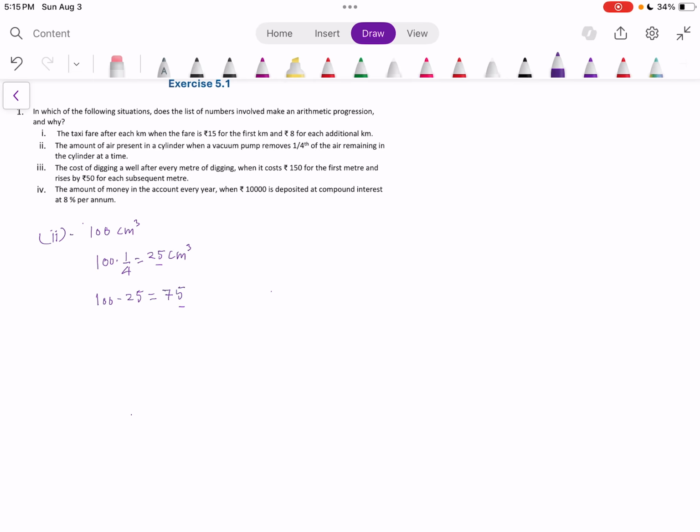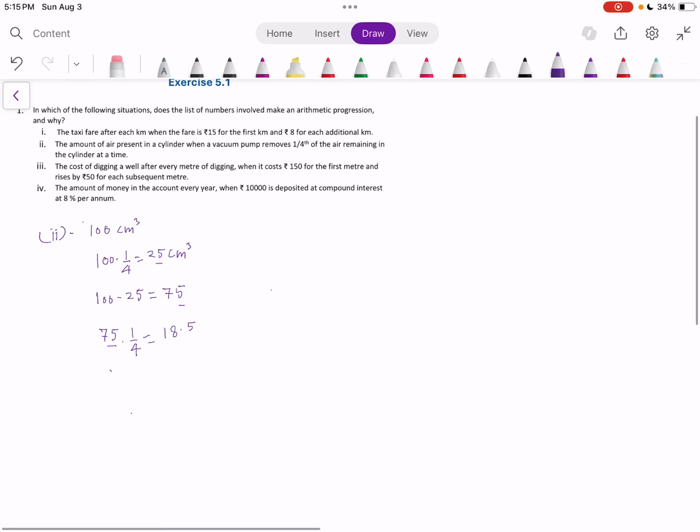Now in the second go it is going to remove 1/4 of this amount, that is 75. So it is going to remove 18.5 centimeter cube. So now the remaining amount is 75 minus 18.5, which is going to be 56.5.